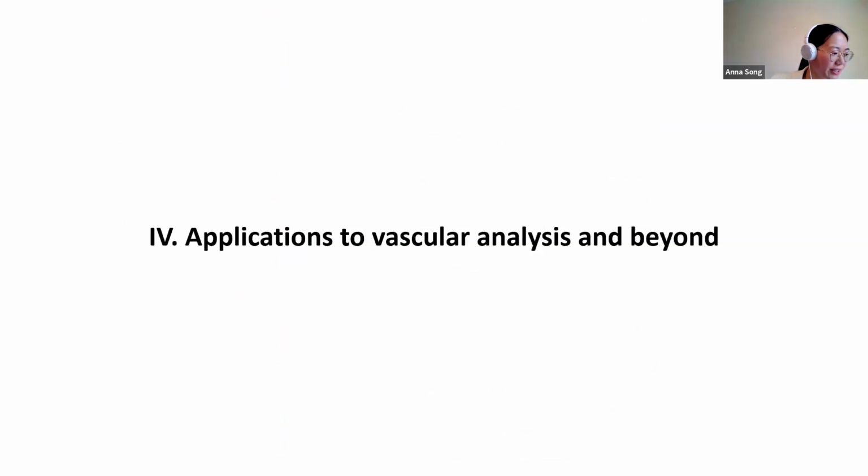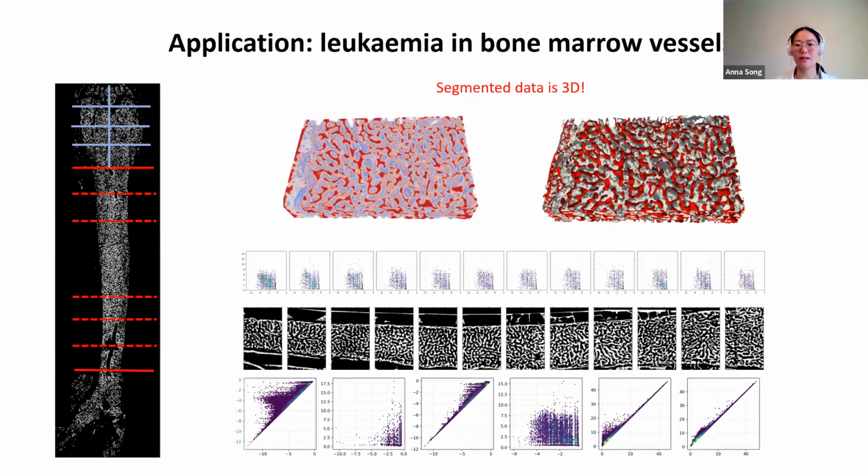And to finish, my last part is about how we can use this framework to understand vessels, especially in the context of leukemia. So I spent a huge amount of time understanding how to segment these shapes. Just the fun fact here being that each 3D image is a confocal image weighing up to 300 gigabytes.